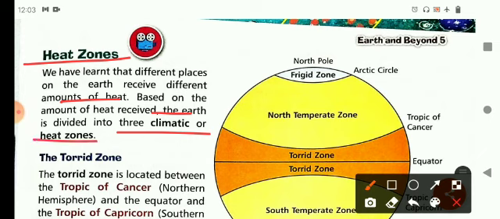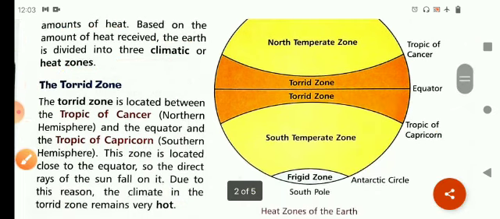The first one is the torrid zone. The torrid zone is located between the Tropic of Cancer in the northern hemisphere and the Tropic of Capricorn in the southern hemisphere, with the equator in between.